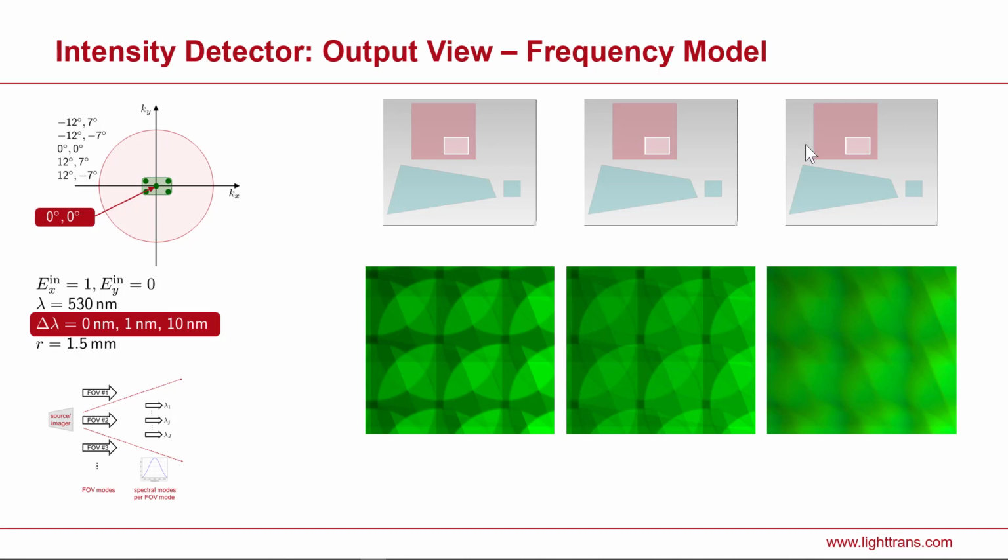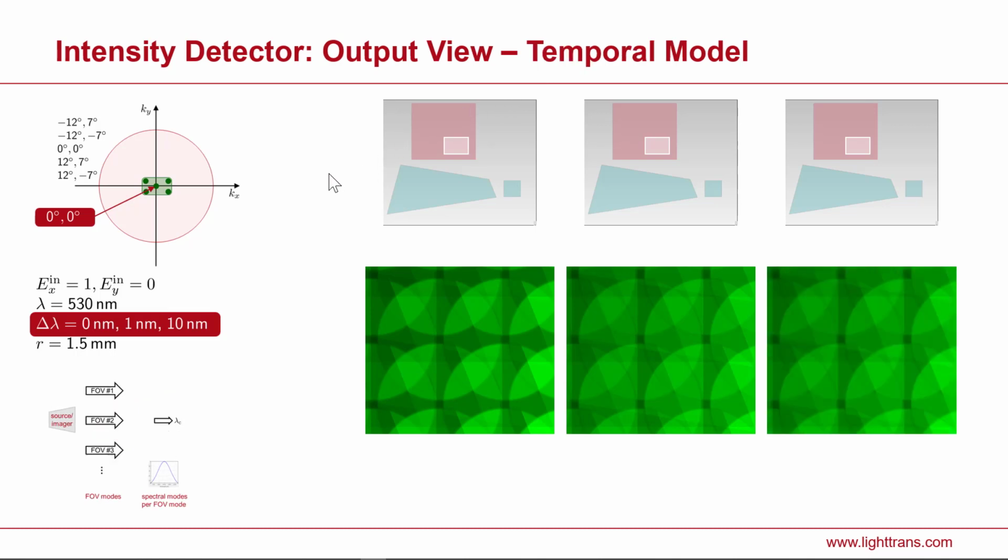And this is the rigorous model, the frequency model. Here we take into account the full spectrum, we simulate all the wavelength modes propagating through the system, and then add them together to produce the full result. And on this next slide, we have the temporal model, that approximate approach via the detector, for the same 3 situations.